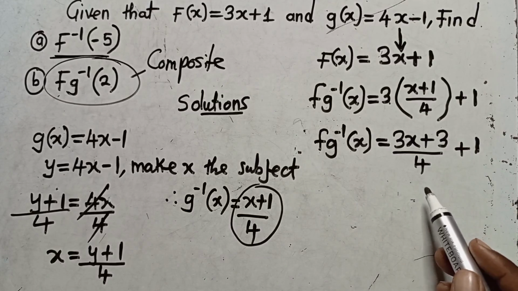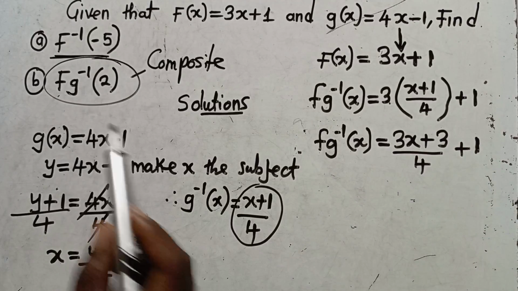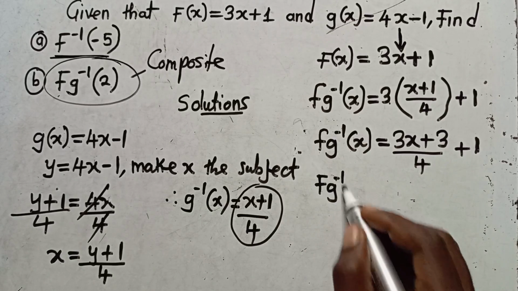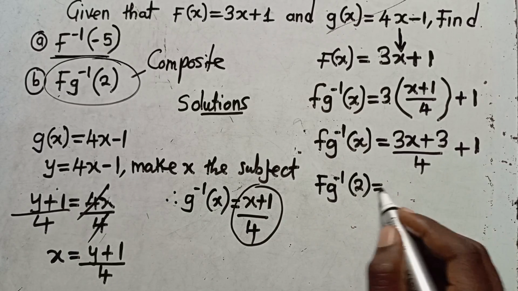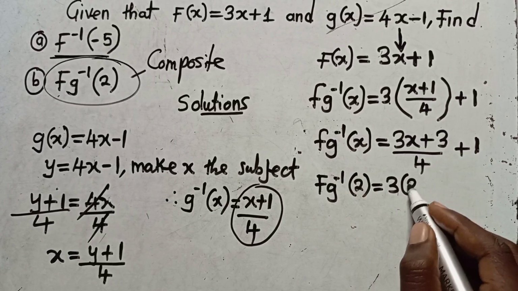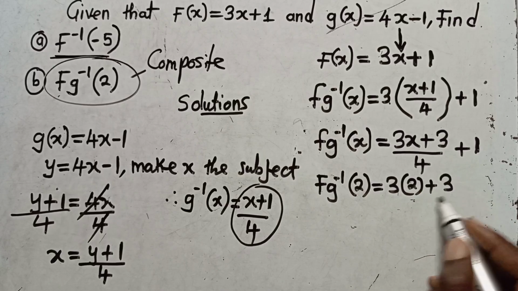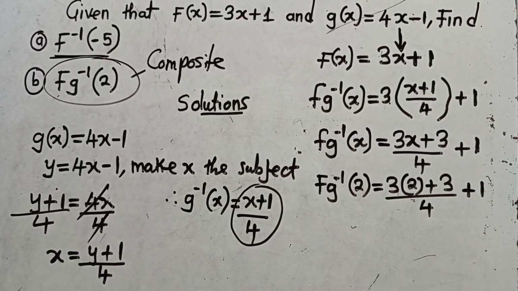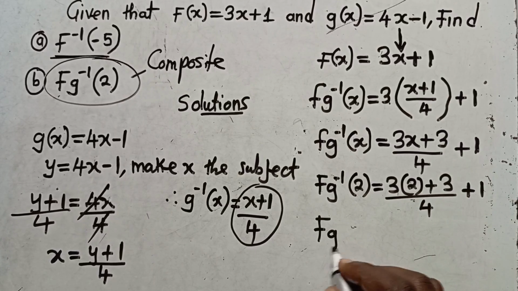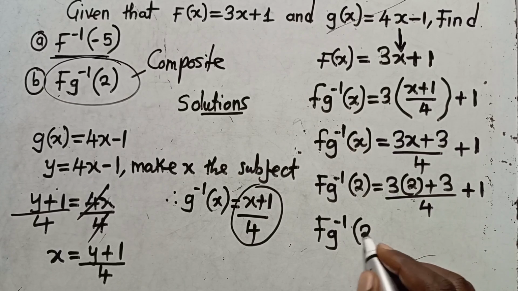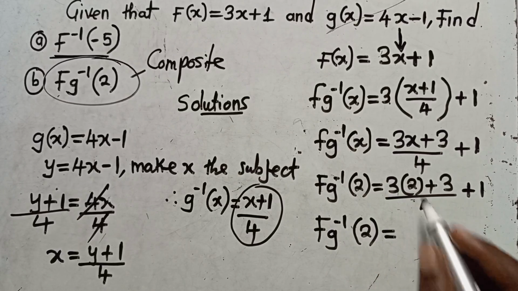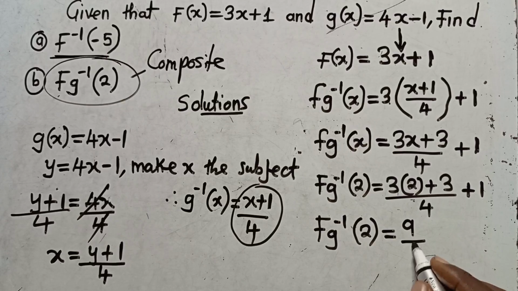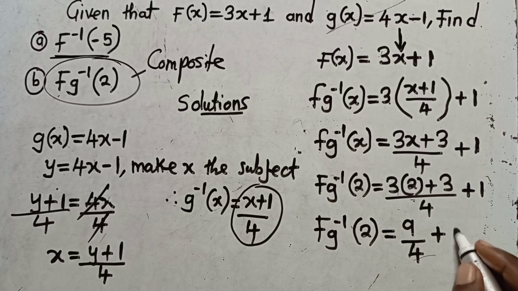It is at this point now where there is x, I'm going to put 2. So I'm going to say that f g inverse of 2 is equal to 3, where there is x I put 2, plus 3 over 4, plus 1. This is what I'm doing. f g inverse of 2 is equal to 3 times 2, that is 6, 6 plus 3, that is 9 over 4, plus 1.